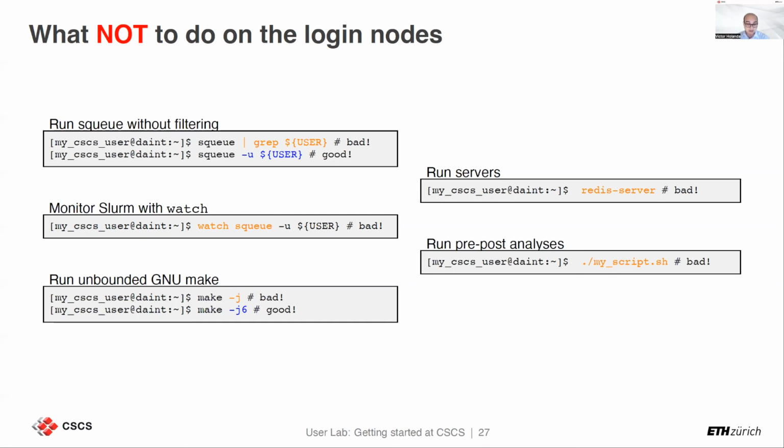You won't get much faster if you do make -j and take all the cores on the login node to compile your code. It will be only slightly faster compared to -j6, -j4 or -j8. You're not getting that much speedup. So try to avoid unbounded make. Just do a fair share, or fair usage, of the login nodes.